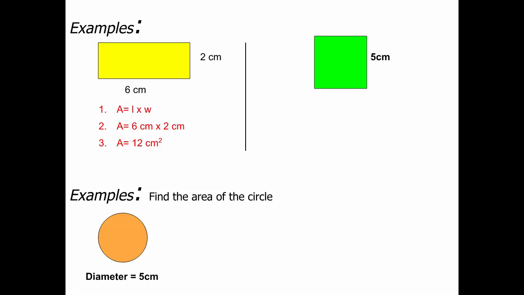So here we multiplied 6 times 2 to get 12. What's centimeters times centimeters? Centimeters squared. The units for area are a unit squared. Centimeters squared, or could be meters squared, depends on the units you're plugging in. All right, that would get you full credit if you did all those parts.